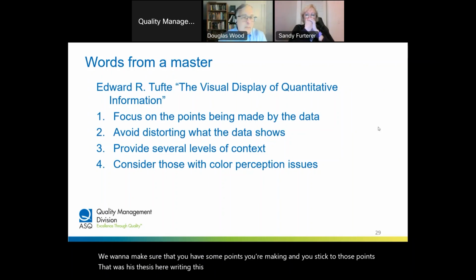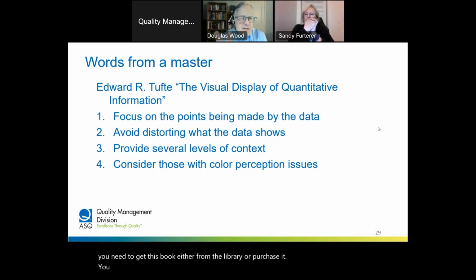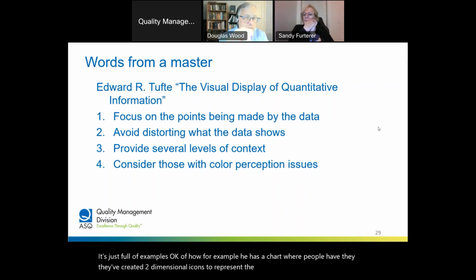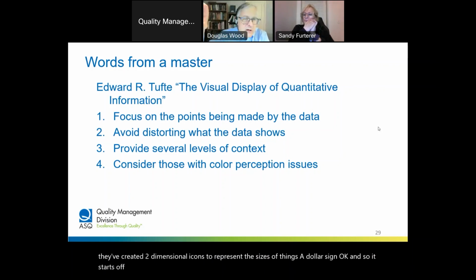If you want to know more about this, you need to get this book either from the library or purchase it. It's just full of examples of how, for example, he has a chart where people have created two-dimensional icons to represent the sizes of things, like a dollar sign. It starts off small and then gets bigger and bigger as it goes across the page.